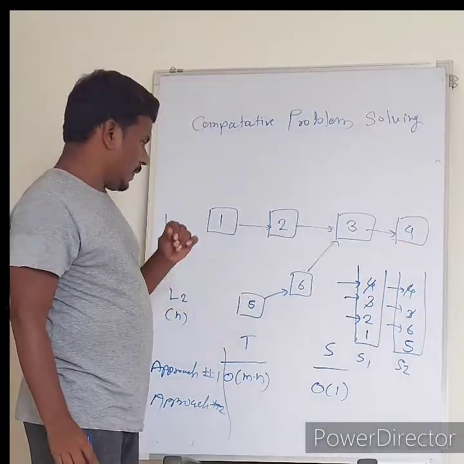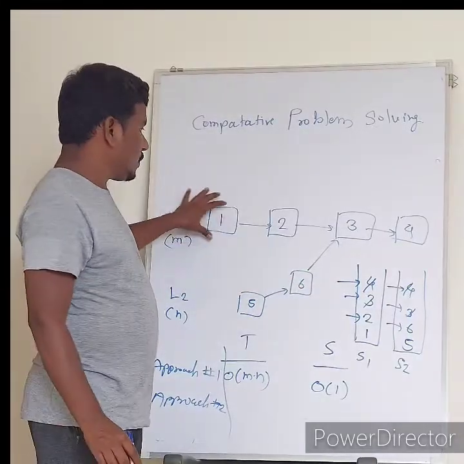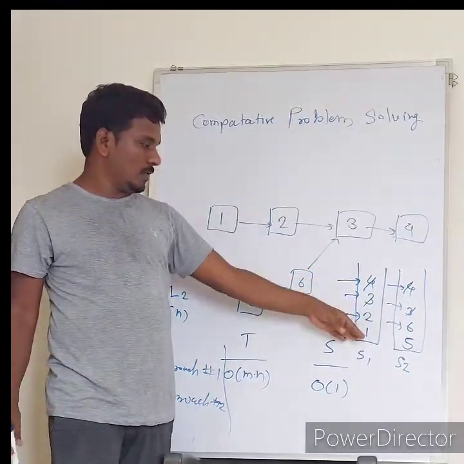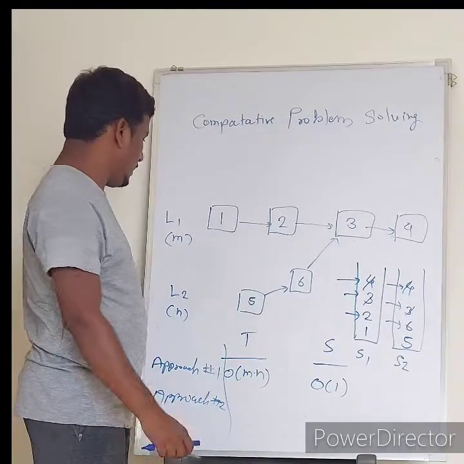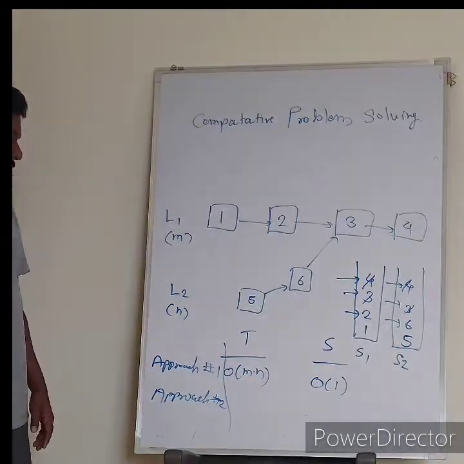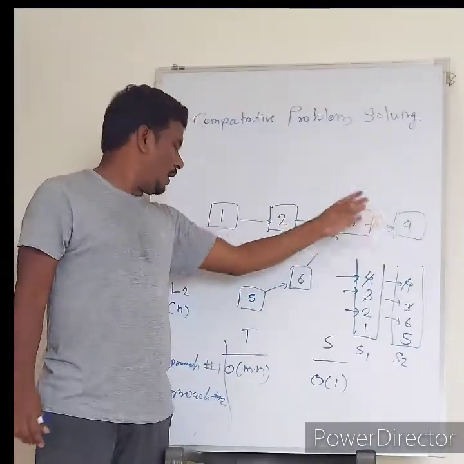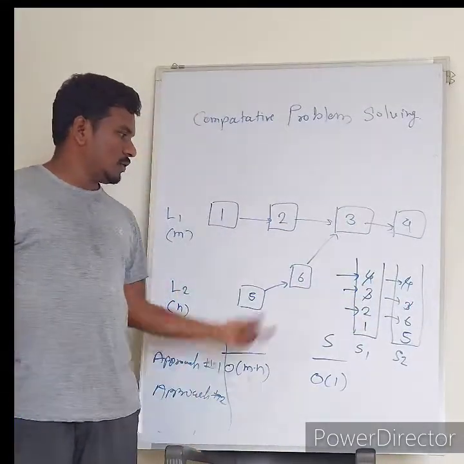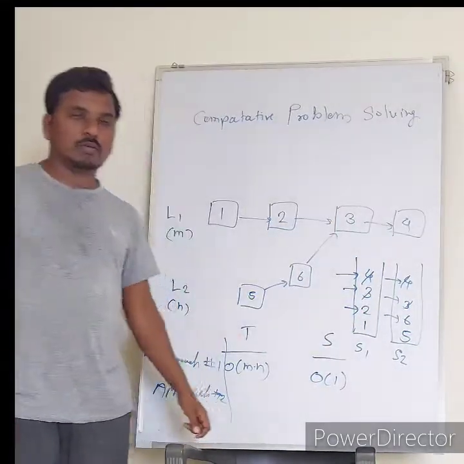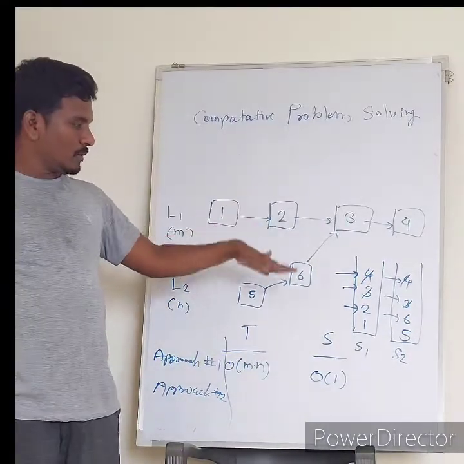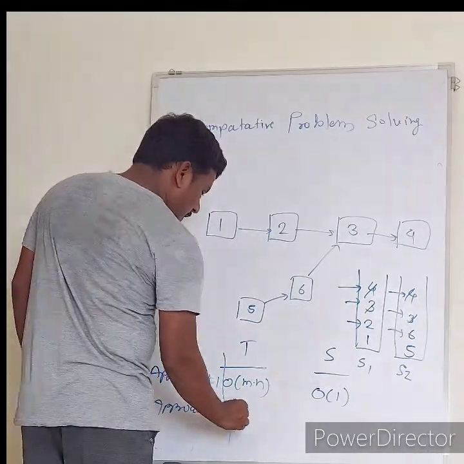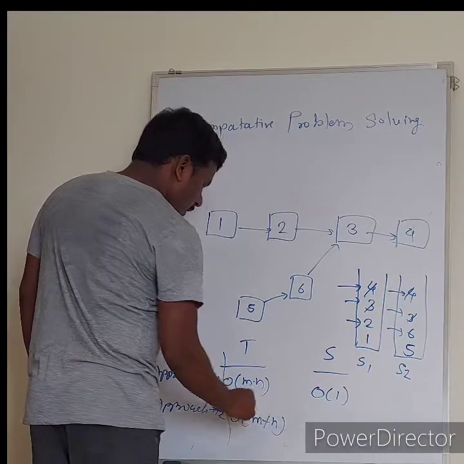How much time are we taking? To push a list into a stack is linear time complexity. So it will be O(m) for this, O(n) for this, and to process the stacks together, it will again be the same. So the time complexity of this solution will be O(m plus n).